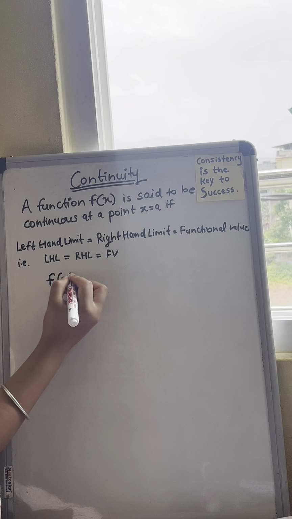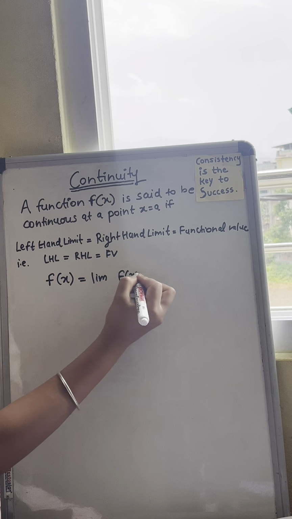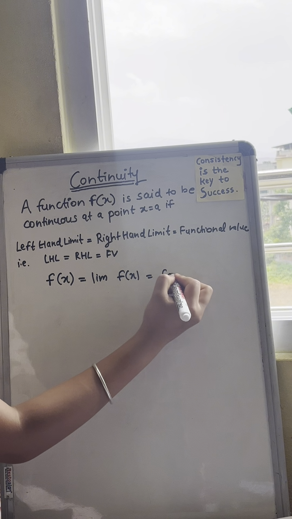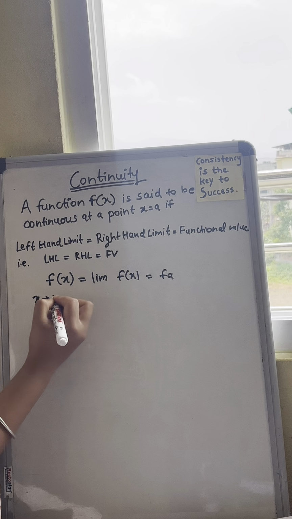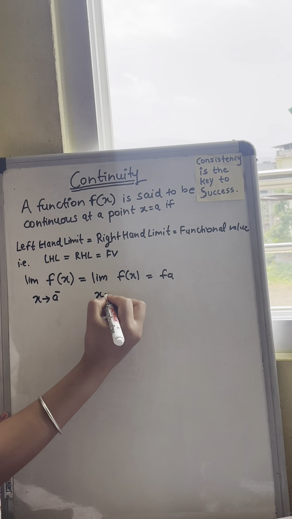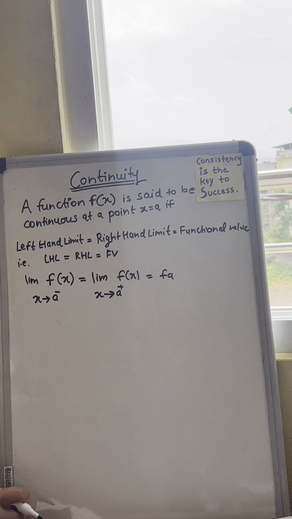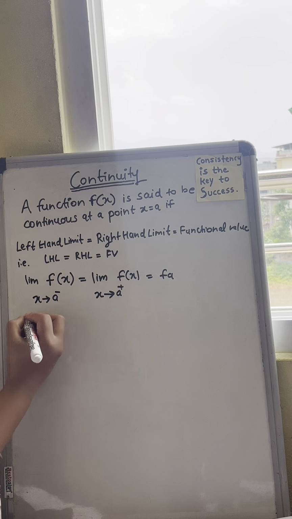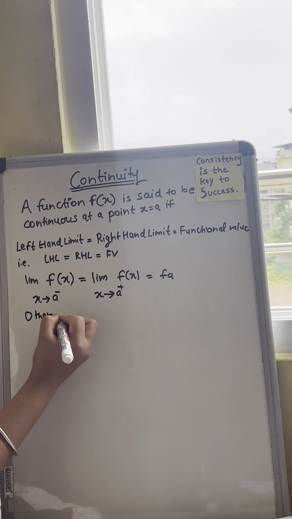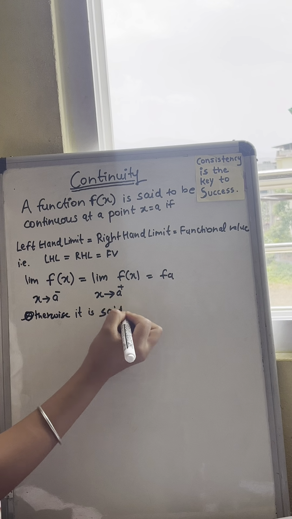Since left hand limit is negative, it is denoted by the minus sign, and right hand limit is positive, so it is denoted by the plus sign. If left hand limit, right hand limit and functional value are not equal, then it is said to be discontinuous.